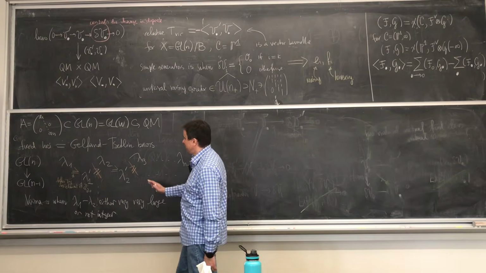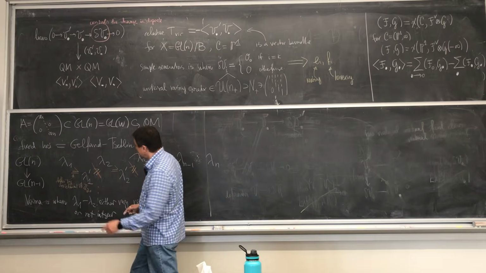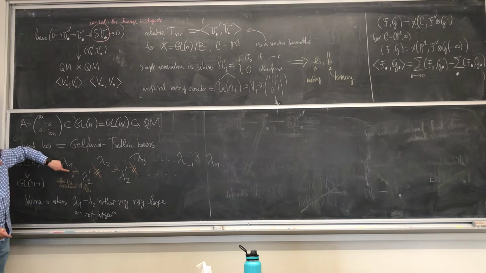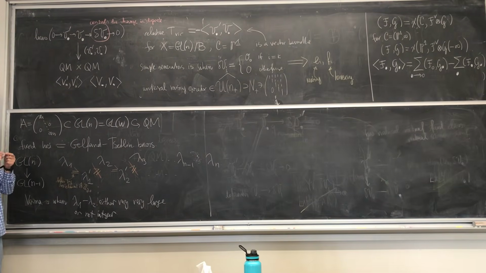Now I'm saying that if we talk about Vermas, then this is the situation when this inequality is still valid, and in fact this difference has to be a non-negative integer. But this inequality is not there.